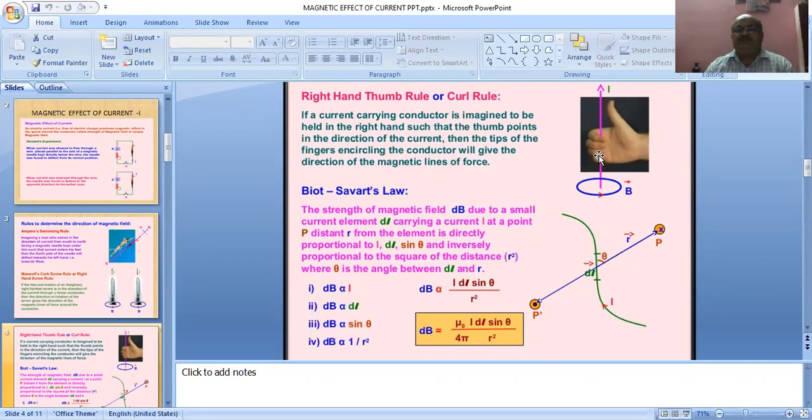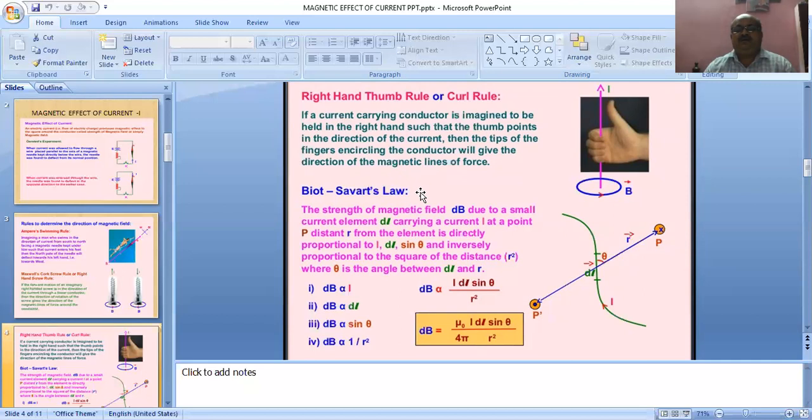There is a law called Biot-Savart's law. This law is used to determine the strength of magnetic field at a point due to a current element. What is a current element? A current element means an elementary portion of the conductor carrying current.